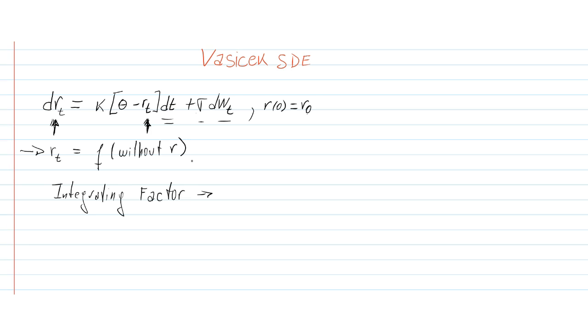So the integrating factor technique tells us that if we have something moving like this, and here we have this other term, it will be linear and then a function.